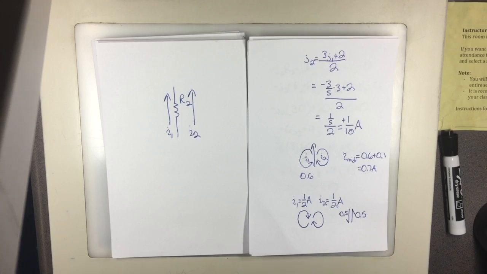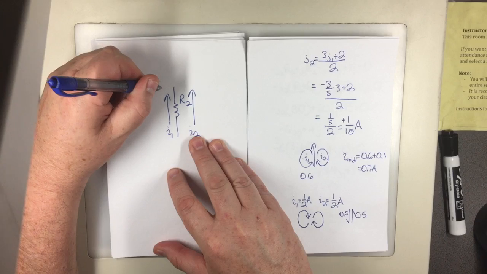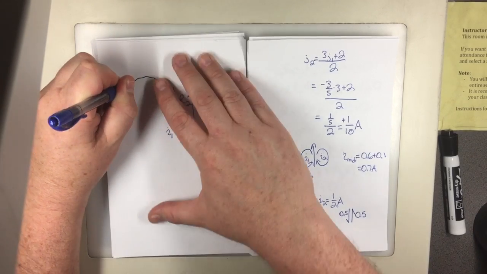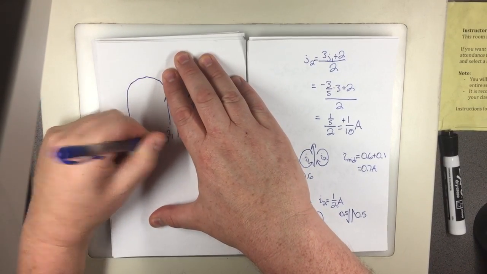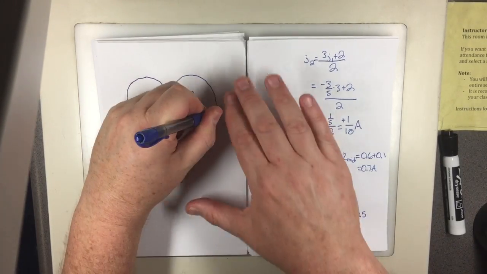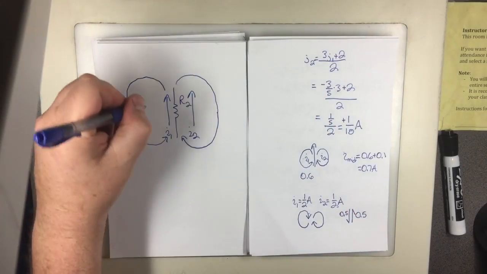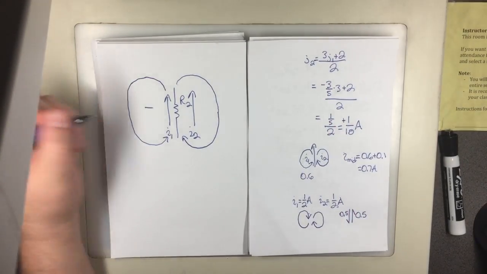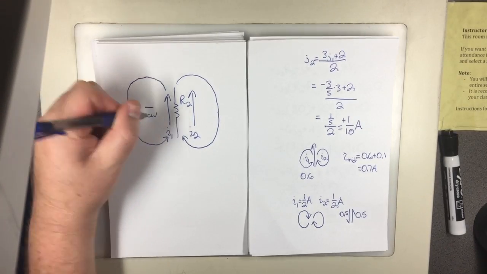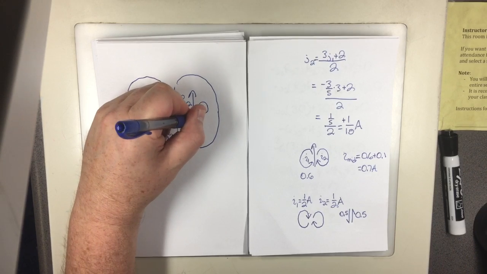So what you have to do is know that this is a focused part of that, and that this is a focused part of that. In this case, it is negative or counterclockwise. In this, it's positive or clockwise.